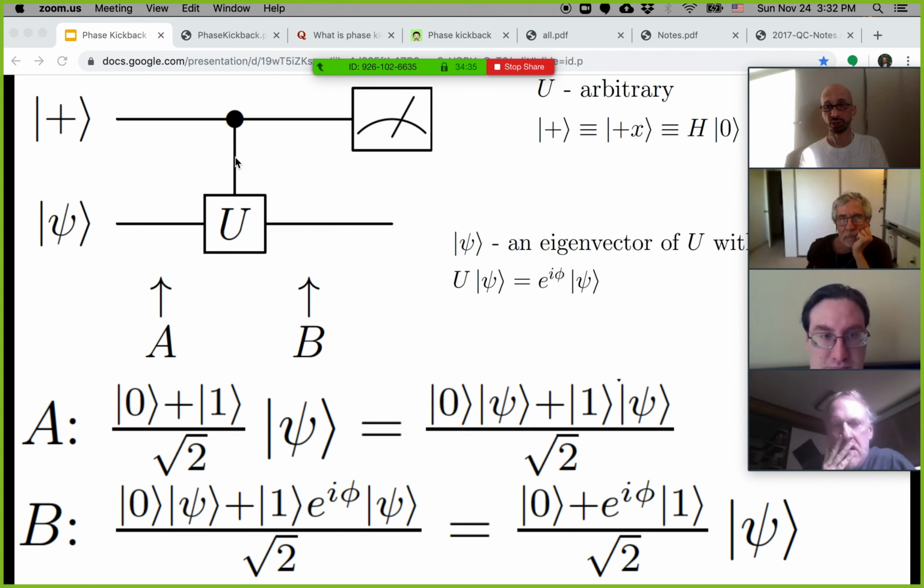That means controlled not. This is not the standard notation, but it's used in some places. And that tells us that CNOT is exactly fully symmetric.